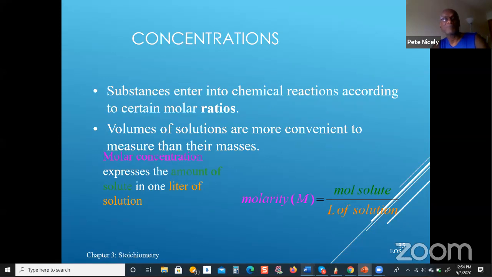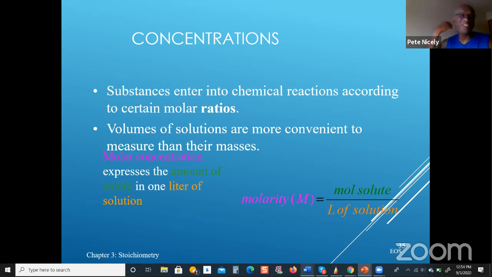Now, there are several ways of measuring what we call the concentration of a solution. The concentration is basically the amount of solute divided by the amount of solvent or amount of solution, depending on which way you're trying to measure your concentration for your solution. The way we're going to talk about this today is molarity.